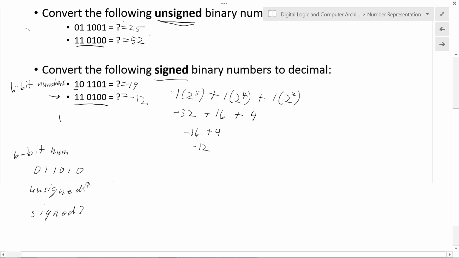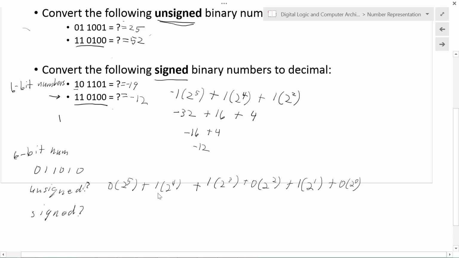So unsigned, we have 0 times 2 to the 5th plus 1 times 2 to the 4th plus 0 times, 1 times 2 cubed, plus 0 times 2 squared plus 1 times 2 to the 1st plus 0 times 2 to the 0.